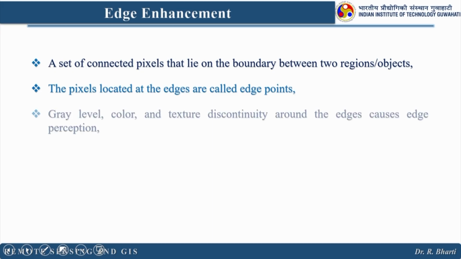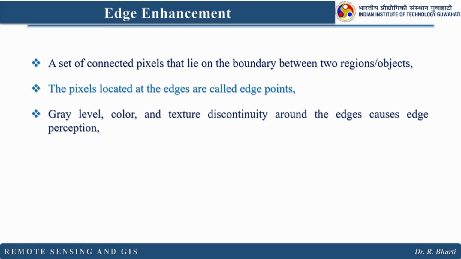This is the enlarged view. Now you can find out these are the pixels, like this is one pixel, this is another pixel, this is the third pixel. So these pixels are nothing but the edge points, right. I hope this is clear to you.